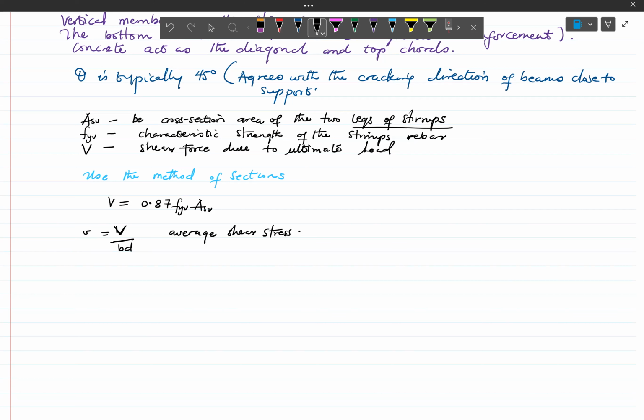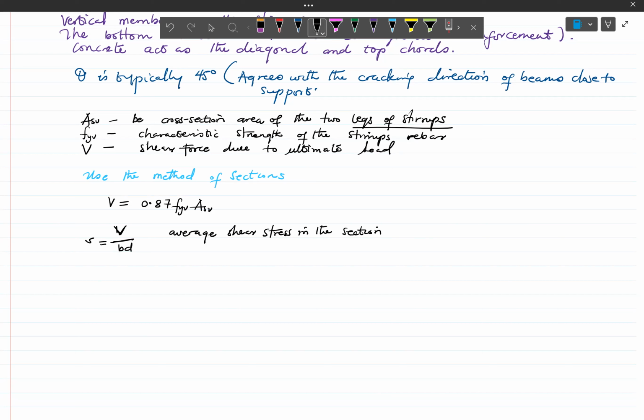And this could be at any point in the section. It could be at the support or at some distance away from the support, which means that what is going to change would be the shear force. So the shear force at different points on the structure will give you varying shear stresses. So this is just the general equation for finding the shear stress.